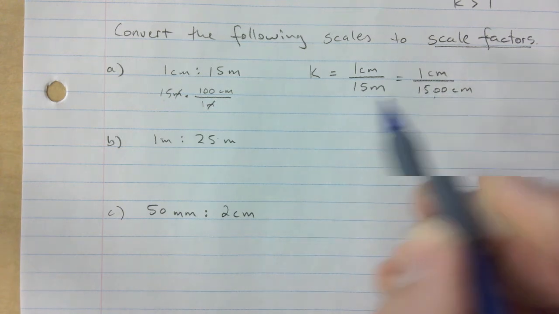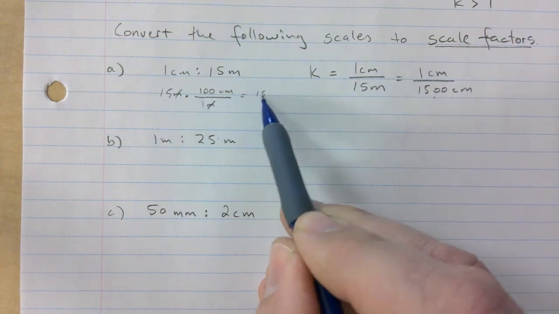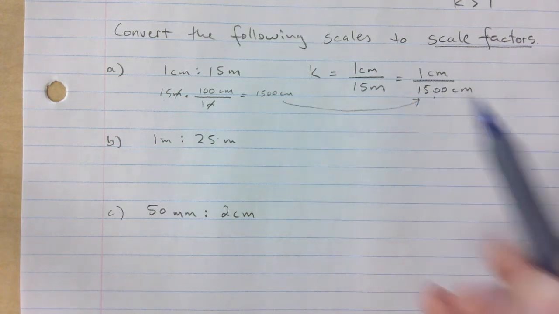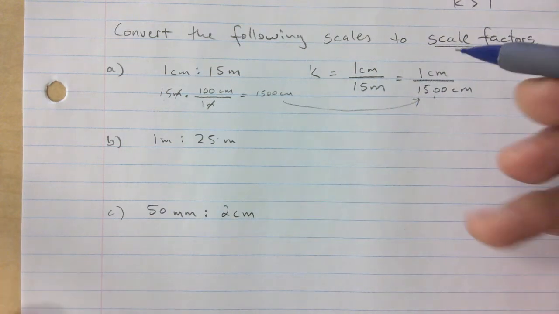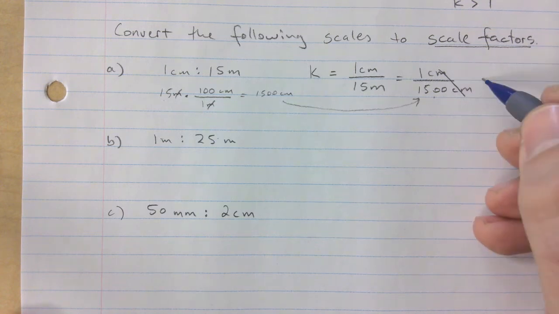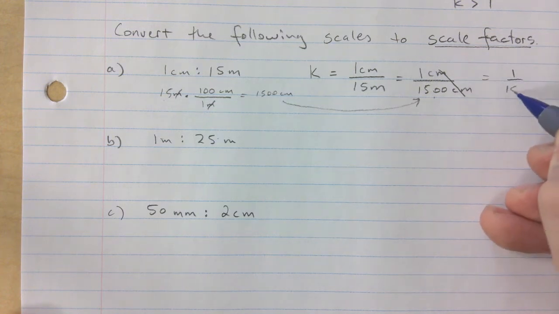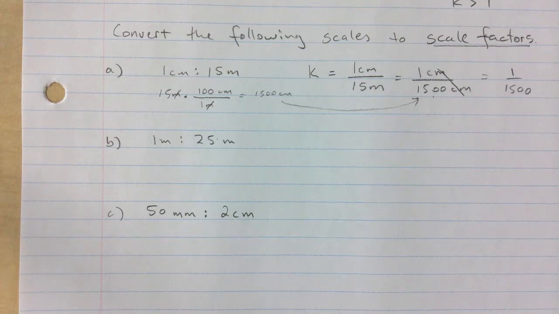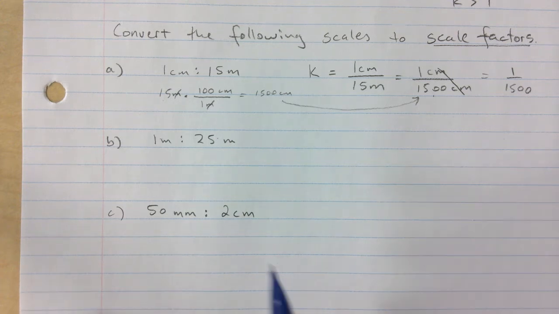That's where the 1500 centimeters come from. Okay? And so now that the units are the same, it's just 1 over 1500. And we'll leave it at that. Okay? If you were to write it as a decimal, that'd be 0.0007, right? 4 decimals there.